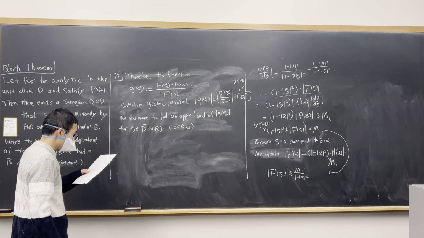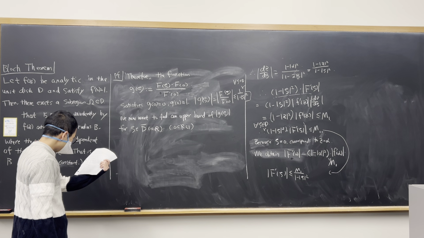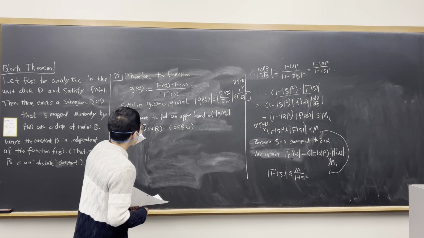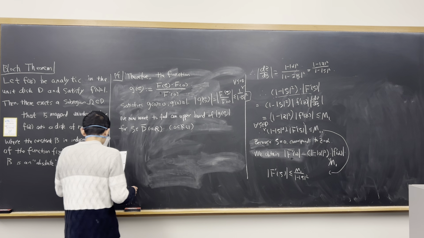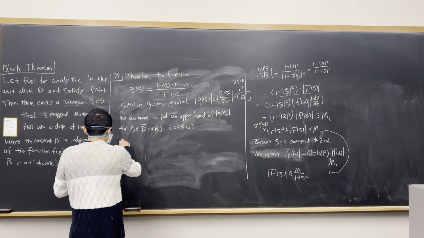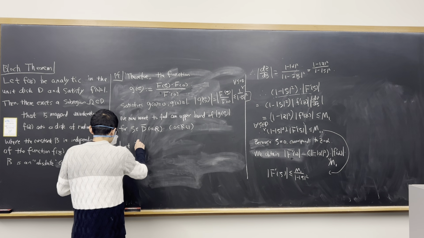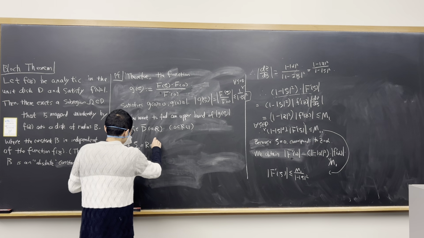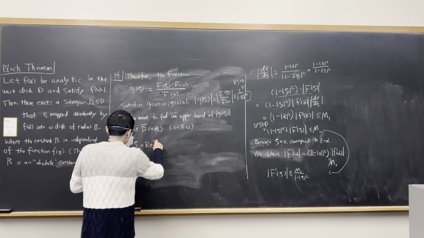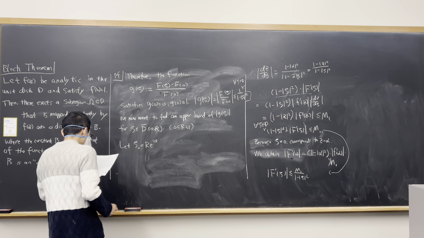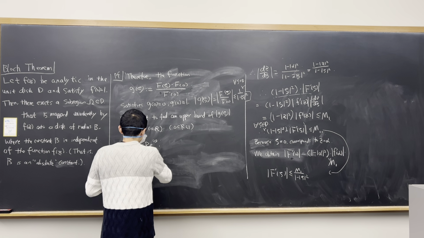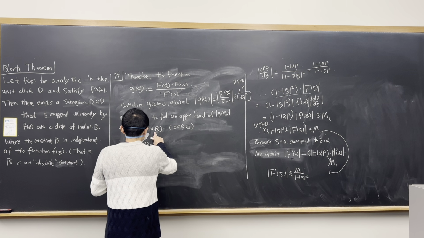All right. So what we do is now we fix a point. Okay, so zeta naught is equal to r times e to the i theta, which lies on the boundary of this closed disk.